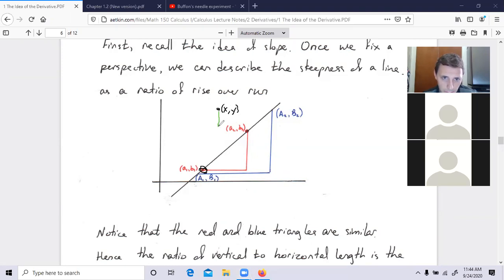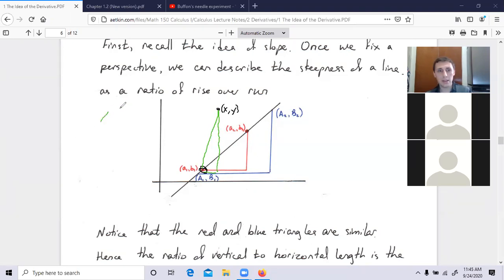See, so here is my triangle that I constructed. It's obviously not similar. If it's not on the line, it's not going to be a similar triangle. So what I will do is this.